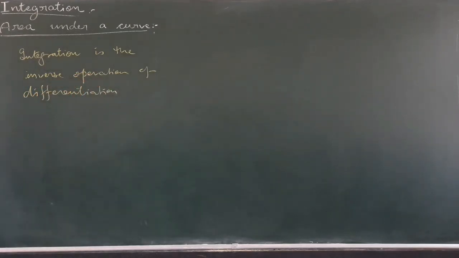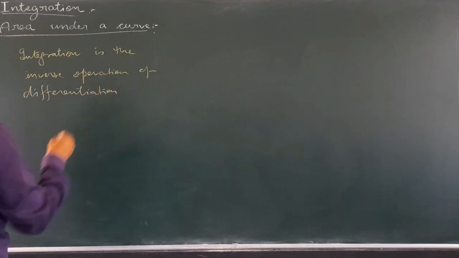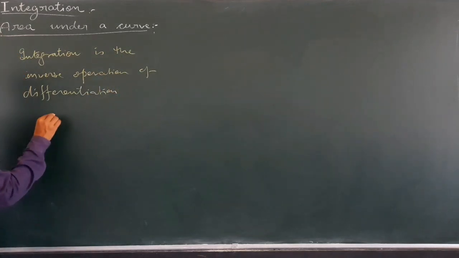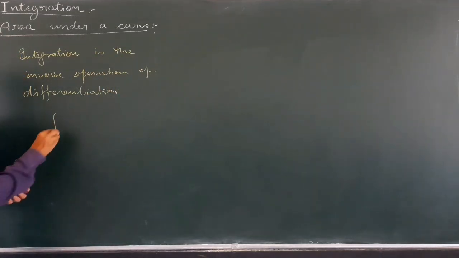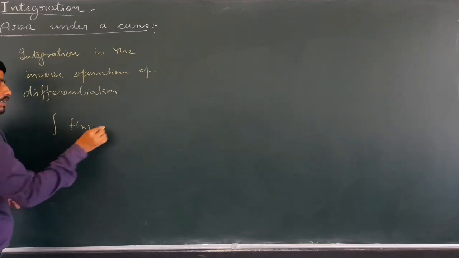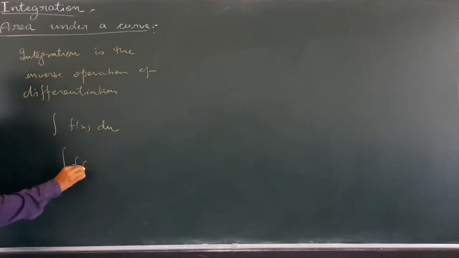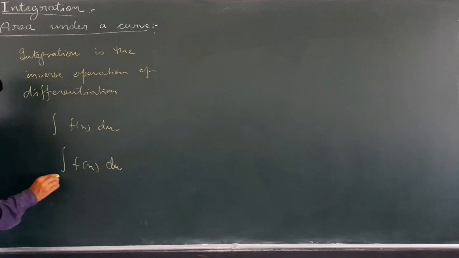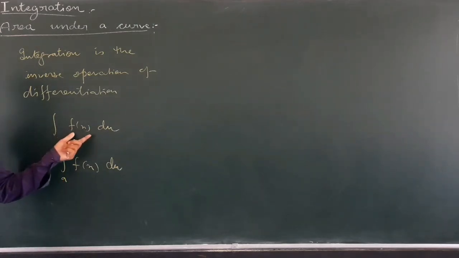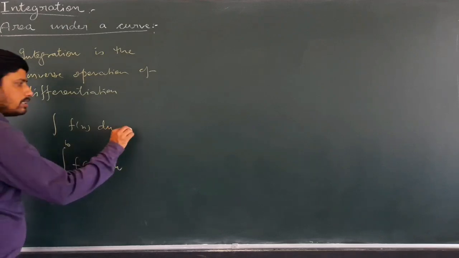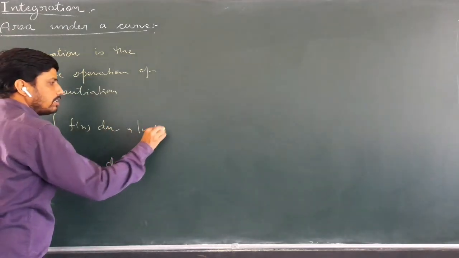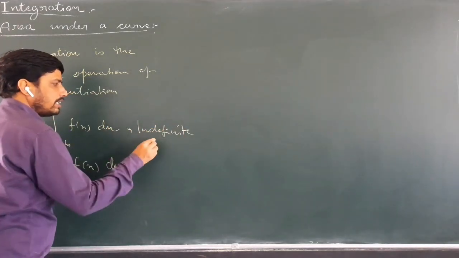Now let me put it mathematically with the help of some examples. Before I discuss it, let me write two things. One is the integral of f(x) dx, the other is the integral of f(x) dx from a to b. This we call the indefinite integral.